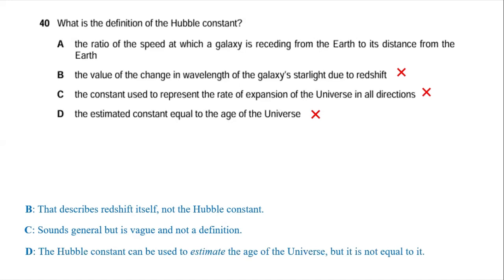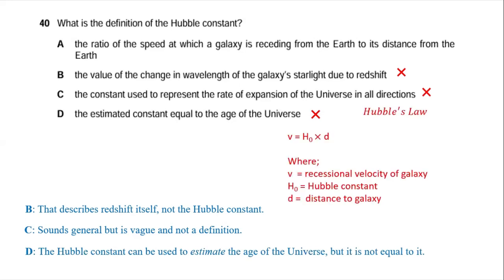So when we come to answer A, we see the ratio of the speed at which a galaxy is receding from the Earth to its distance from the Earth. This comes from Hubble's law. First of all, let's see what Hubble's law is.